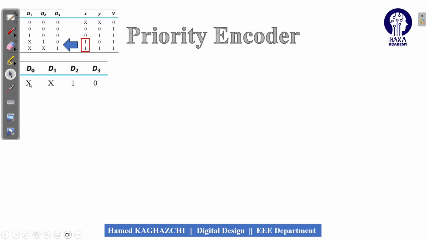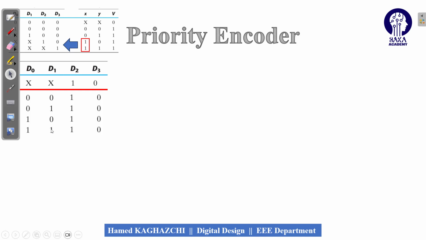It means that this x can be 0 or 1, this one can be 0 or 1. But D2 and D3 are constant. So we say that D2 and D3 is written here, but for the xx we have 4 possible combinations, which means that D0, D1 can be 0,0, 0,1, 1,0, and 1,1.